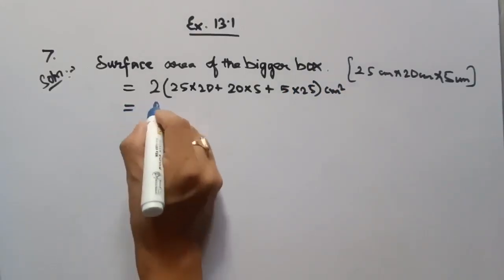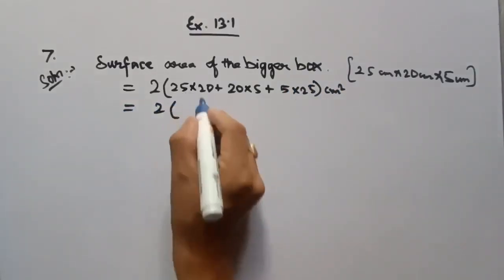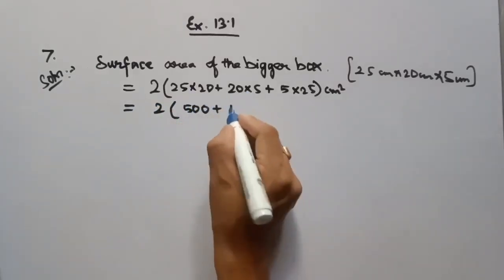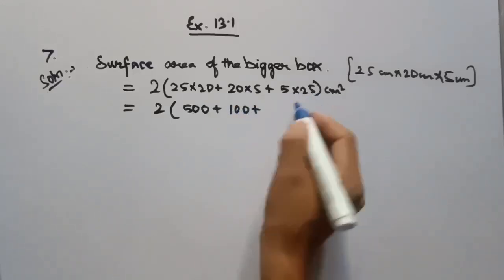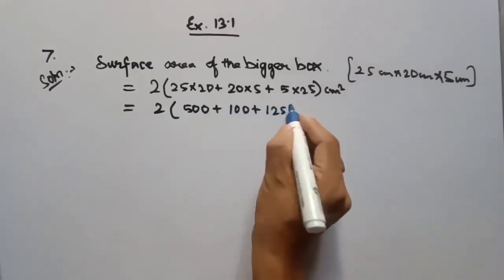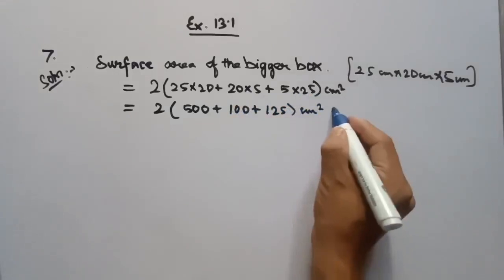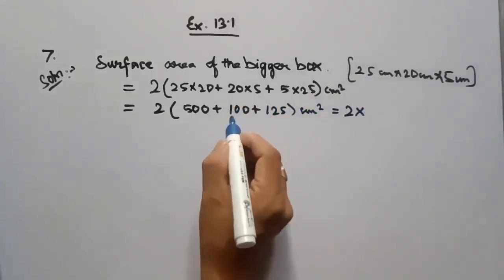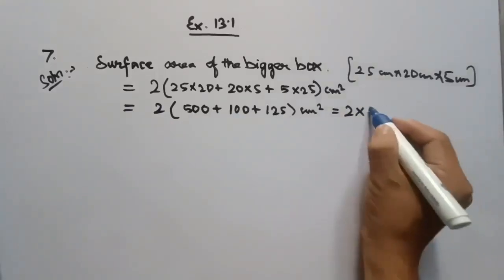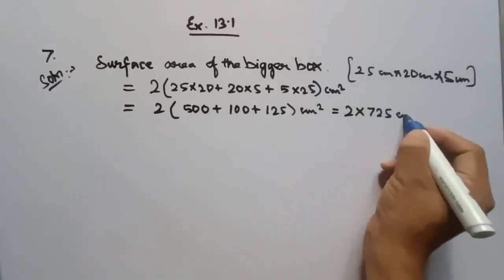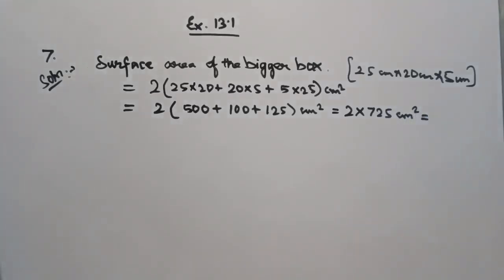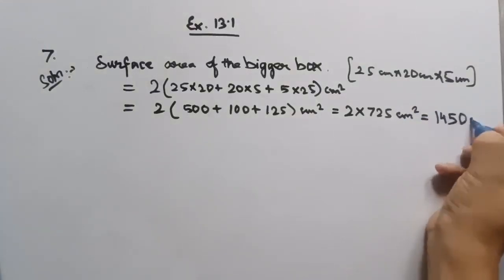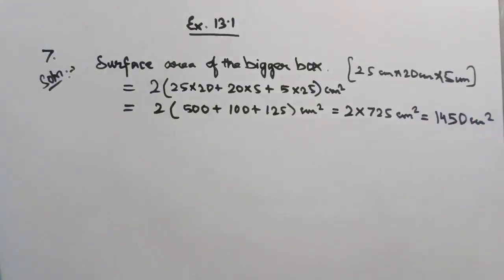This is equal to 2 times 25, 20 times is 500 plus 20 into 5 is 100 plus 5 into 25 is 125 centimeter square. This is equal to 2 times into 500, 600 plus 125, 725 centimeter square. This is equal to 1450 centimeter square.